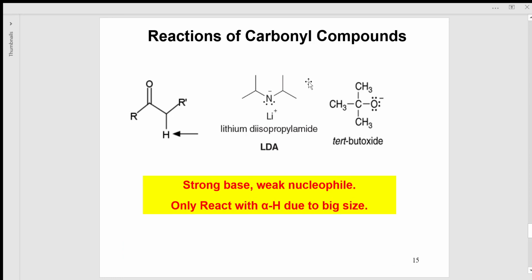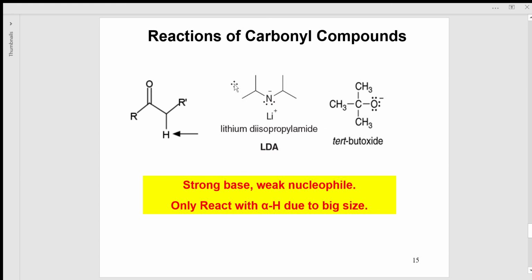If we have a strong base, LDA or tertiary butoxide, both of them are very strong bases, but very poor nucleophiles. Bases prefer to react with acid. This hydrogen basically is acid. They are not going to react with this carbonyl carbon because the carbonyl carbon is kind of in the center of a cage. These are really bulky.